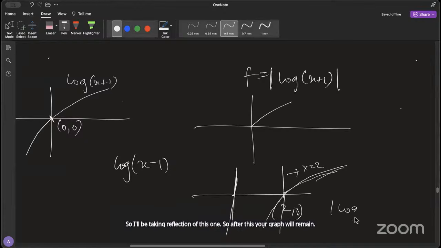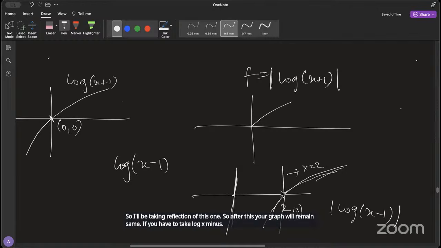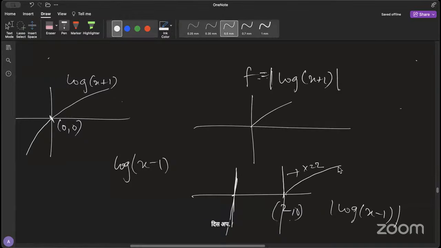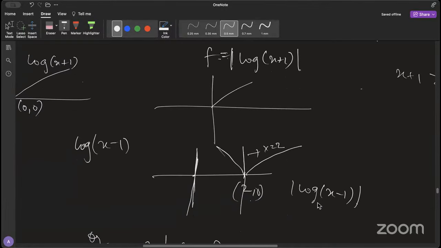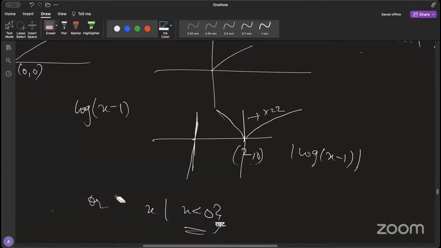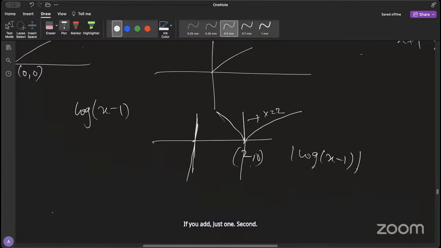If you have to take mod of log of x minus 1, the upper one remains same. This one changes. You had this thing here, right? This becomes this. You initially had your graph, this was log of x minus 1, right?